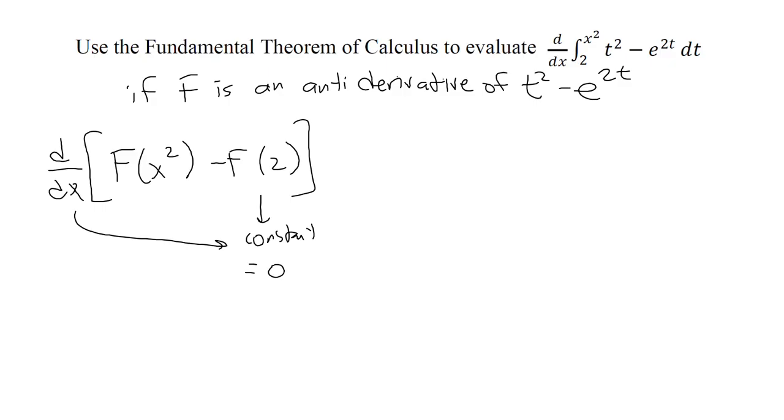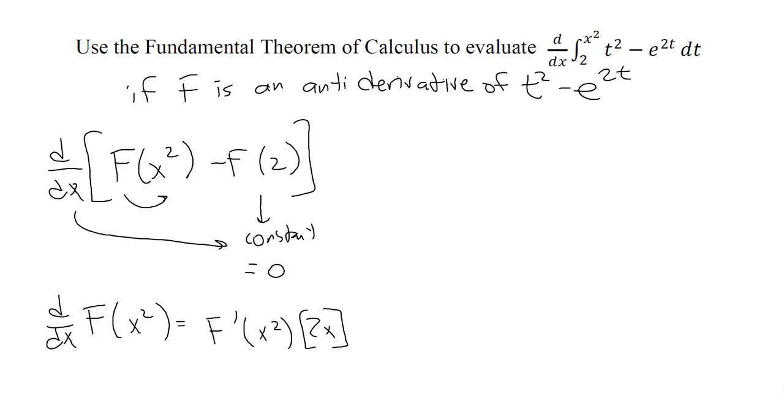But when I take the derivative of capital F of x squared, I have to use the chain rule, because this is a function within a function. I'm going to write this off to the side here. The derivative of capital F of x squared is capital F prime of x squared times the derivative of x squared, which is 2x.